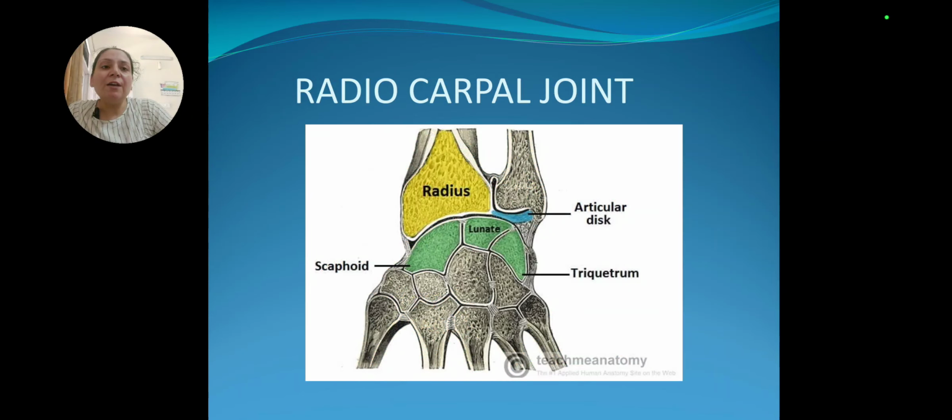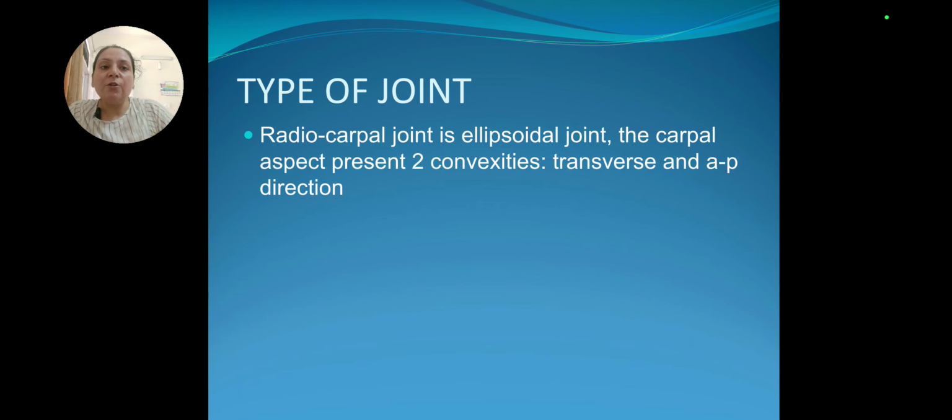Now the first is the radiocarpal joint. The radiocarpal joint is an ellipsoidal joint. The carpal aspect has two convexities, one in the transverse and one in the AP direction. I want to show this. What does this mean?